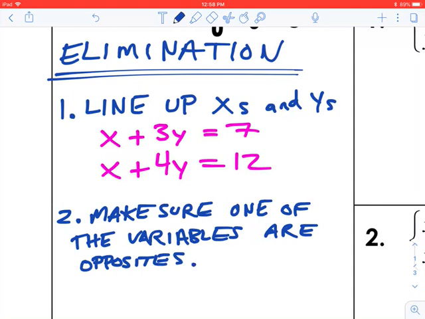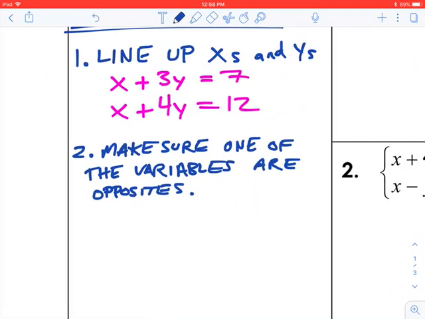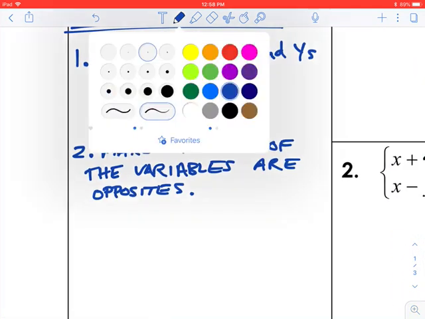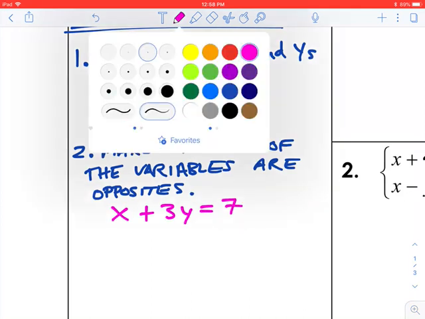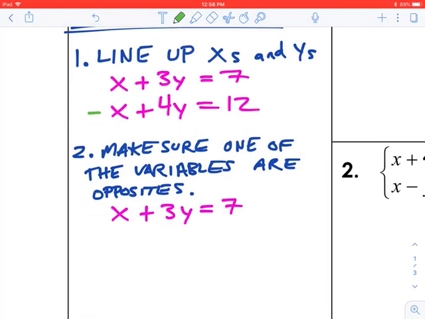Okay? So what that means is, what I'm going to have to do on our example up here is change the sign of the x's. So up here, what I would do is change this to a negative, and that means I have to change these signs as well. Okay? So if I change those signs, it's going to be negative x, negative 4y, and negative 12.